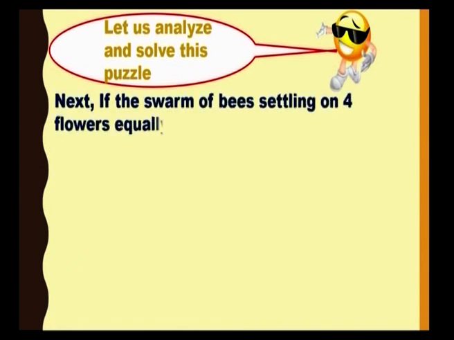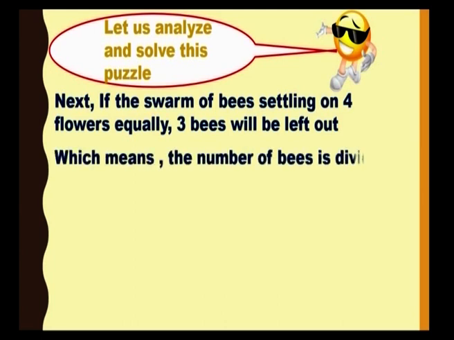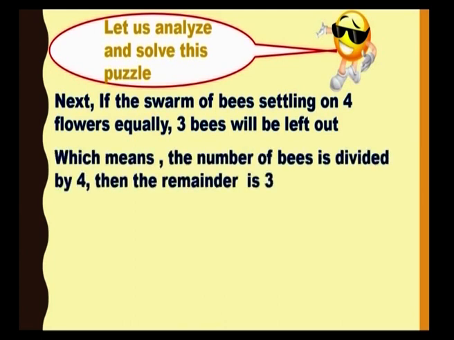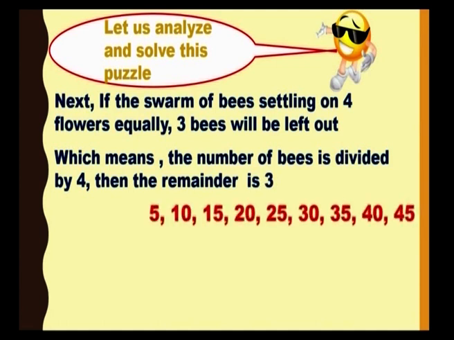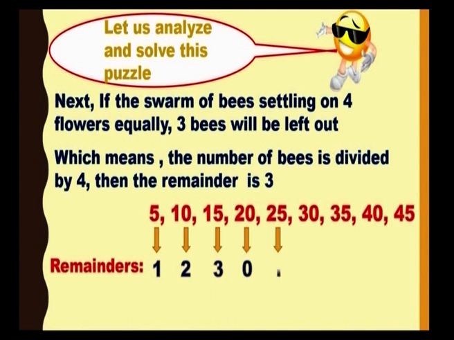Next, if the swarm of bees settles on four flowers equally, three bees will be left out, which means when the number of bees is divided by 4, the remainder is 3. The numbers from the previous hint are 5 to 45. If we divide by 4, the remainders are: 5, remainder 1; 10, remainder 2; 15, remainder 3; 20, remainder 0; 25, remainder 1; 30, remainder 2; 35, remainder 3; 40, remainder 0; 45, remainder 1.